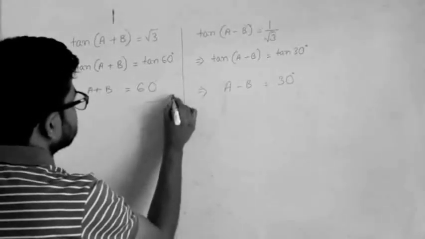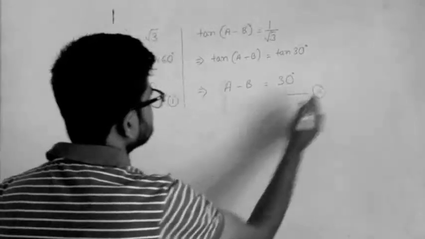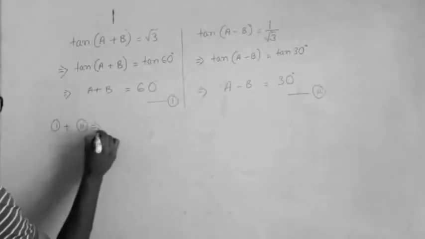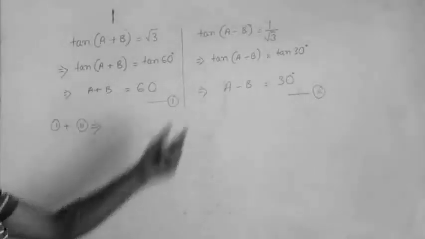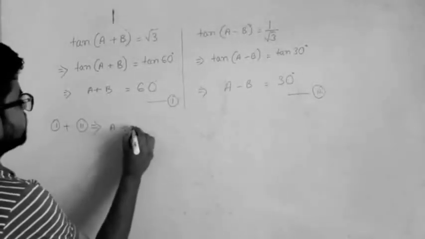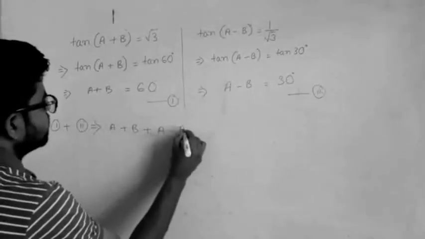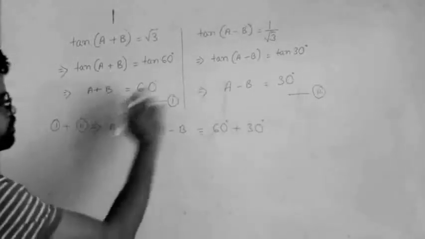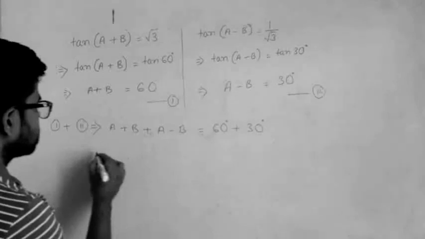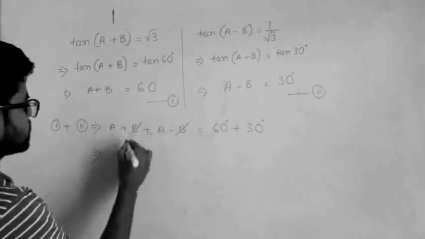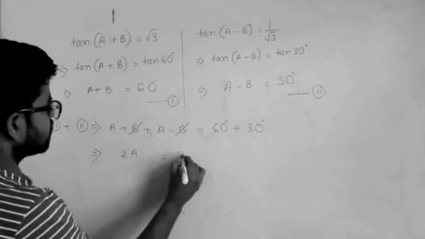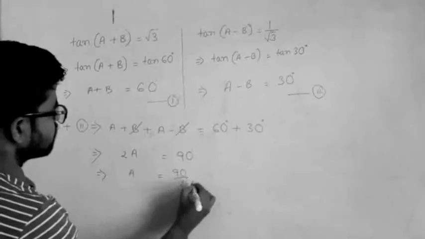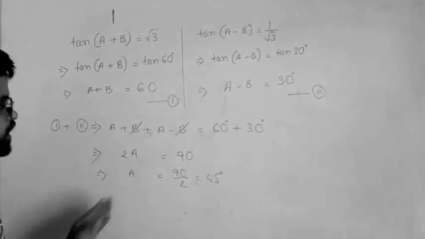Now make these equations number 1 and 2. Now take the sum of these two. I think you have learned linear equations in two variables, and I am using the elimination method. So a plus b plus a minus b gives twice a equal to 90. So a equals 90 by 2, which is 45 degree. So angle A is 45 degree.